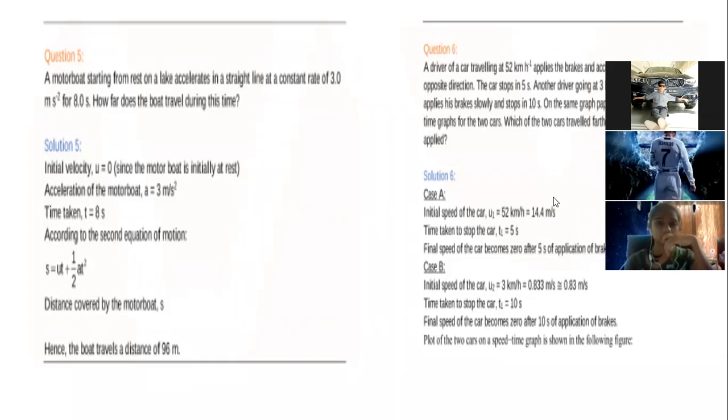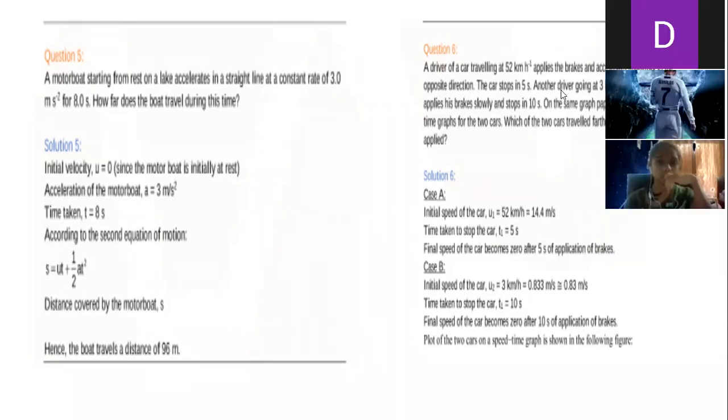So after applying brakes, what is happening to that particular car? It accelerates uniformly in the opposite direction. The car stops in 5 seconds. After applying the brakes, what will happen? The car will stop. The particular car is stopping after 5 seconds.